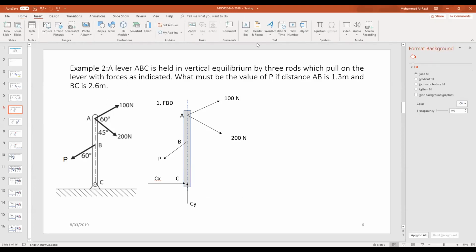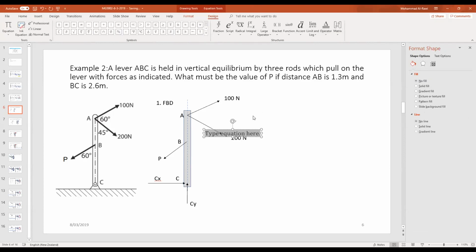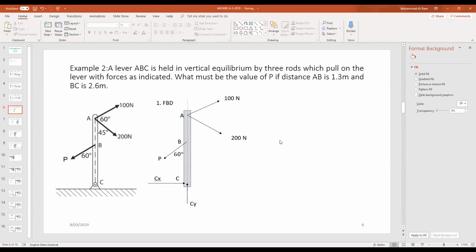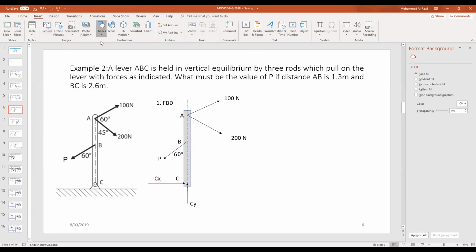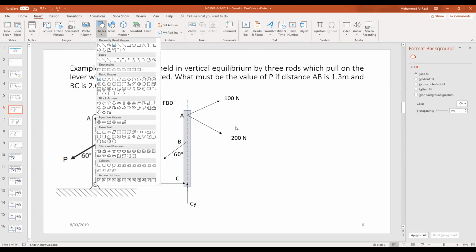The other thing we may need to put, to make it easy for us to remember, is the direction of the angles. But here is some tricky stuff. So one is 60 degrees. We place it here. And here is the question. I will highlight the points to show you how we can determine the angle between the 100 and 200.